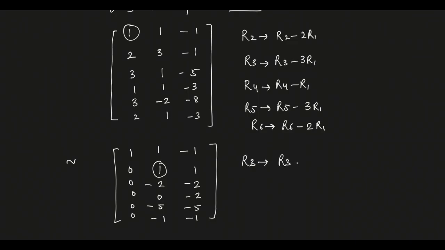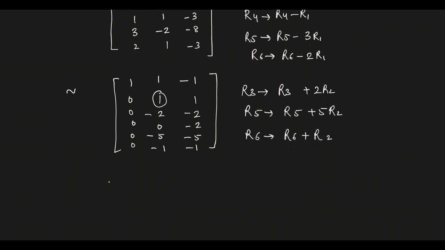R3 tends to R3 plus 2 times R2, R4 is as it is, R5 plus 5 times R2, R6 plus R. R3 plus 2 times R2 gives 0, R3 plus 5 times R2 gives 3.